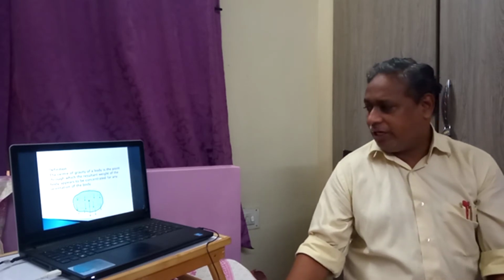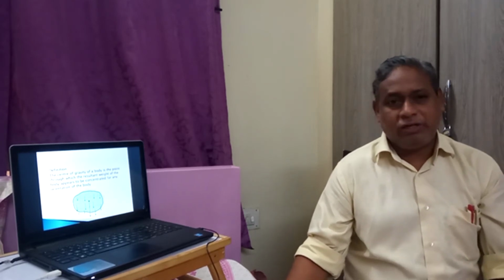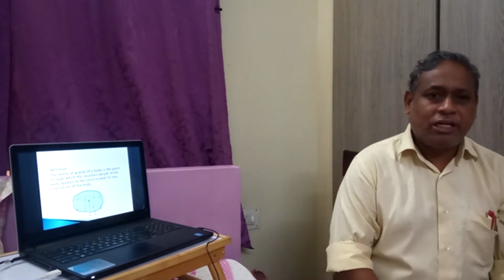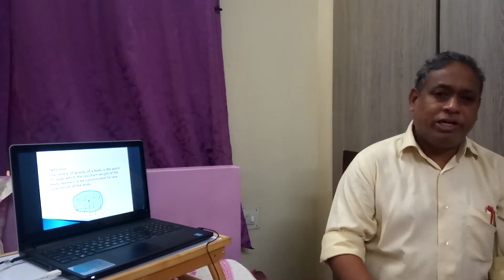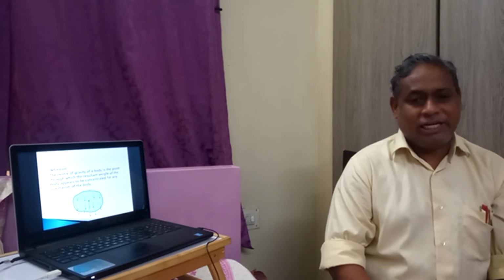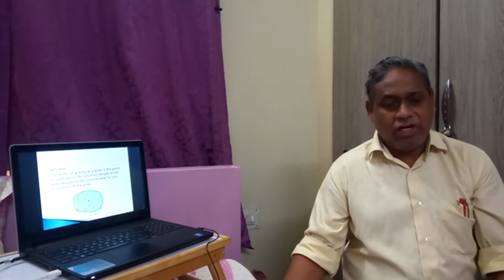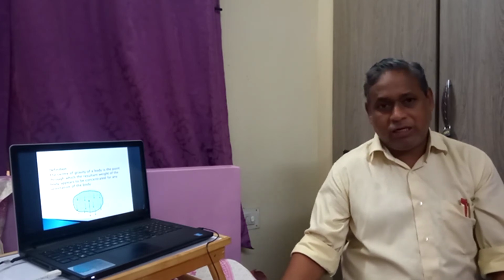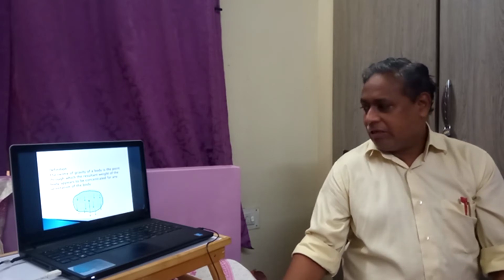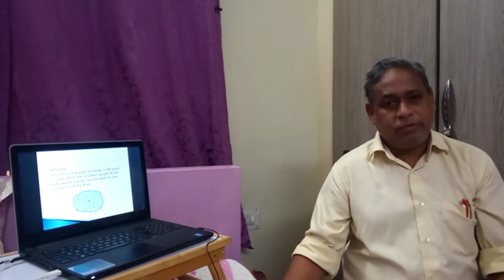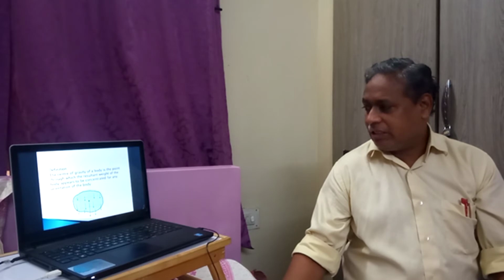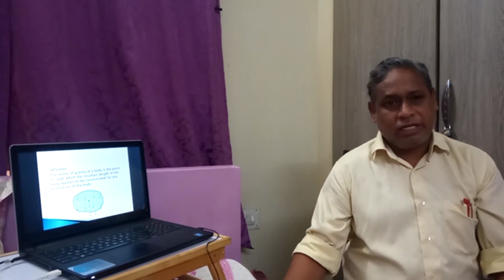We want to find the location of that point where the entire weight is assumed to be acting. Individual particles are there, individual forces are acting. Those forces, when combined together, have a resultant acting through some point. That point we call the center of gravity.